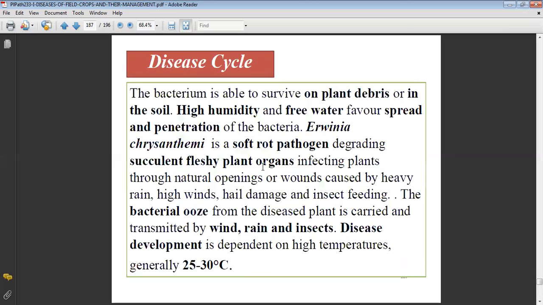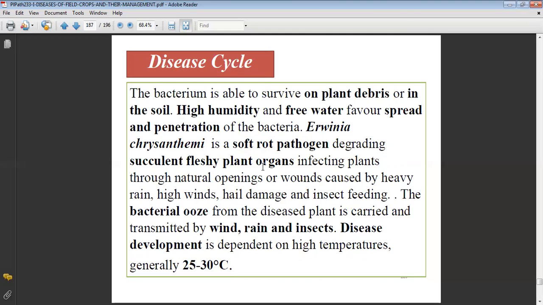In the disease cycle, the bacterium is able to survive on plant debris or in soil. The high humidity and free water favor the spread and penetration of the bacteria. Erwinia chrysanthemi is a soft rot pathogen which degrades succulent fleshy plant organs.